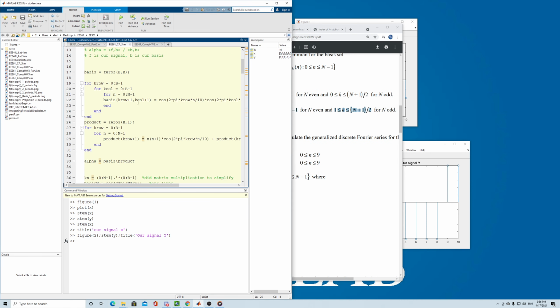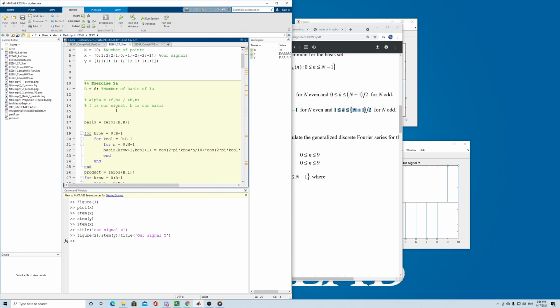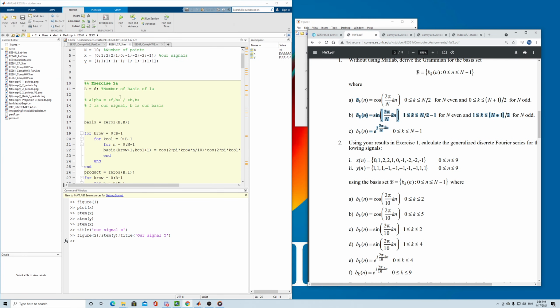But point is, I'm doing this to prove a quick point. So what was I doing here? Let's see. Numbers of bases. So if we're going to do this one, I want 3 basis functions. We create a bases, allocate memory.